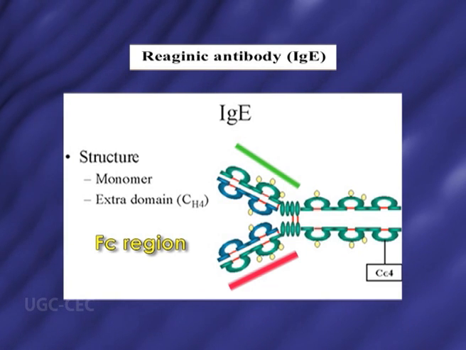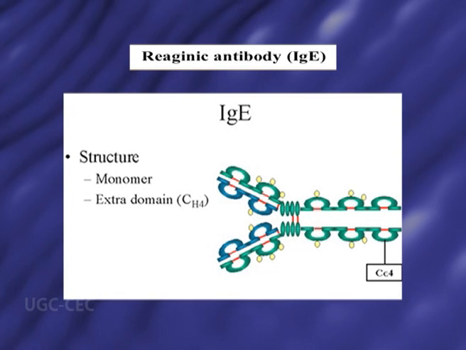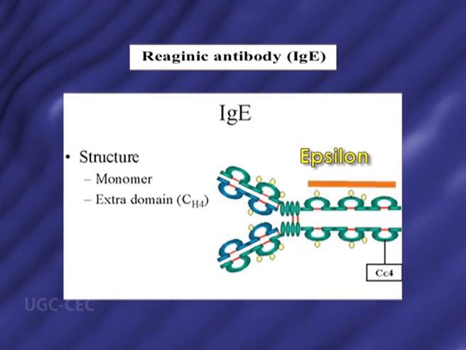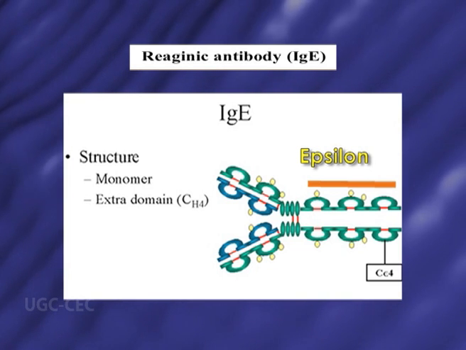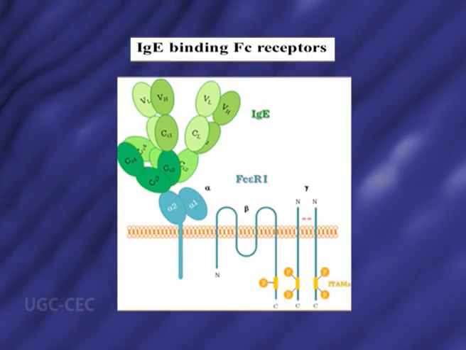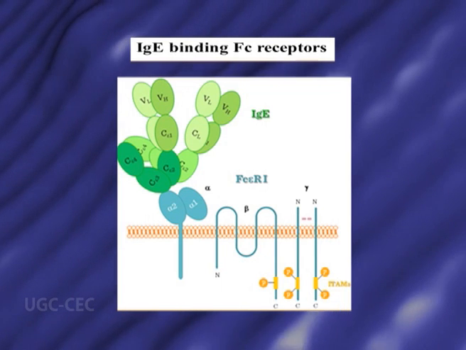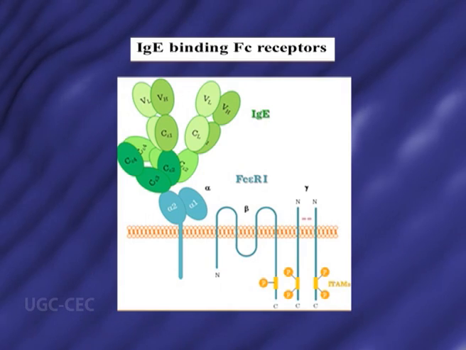And in IgE, the constant region of the heavy chain is called epsilon. This region can bind to the surface of mast cells and basophils through receptors. These are the receptors which can bind to the Fc region of the IgE isotype, and they are present on the mast cell and basophil surface.